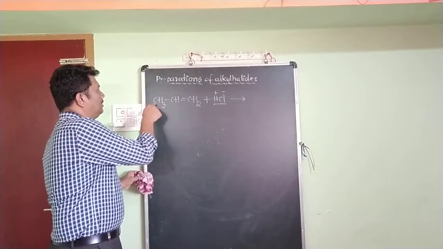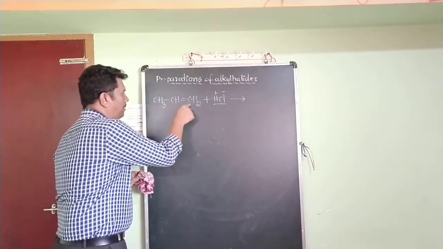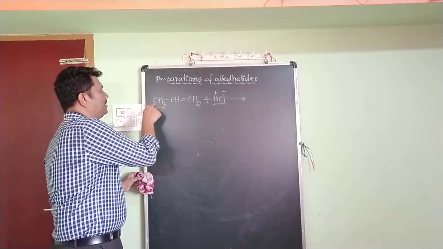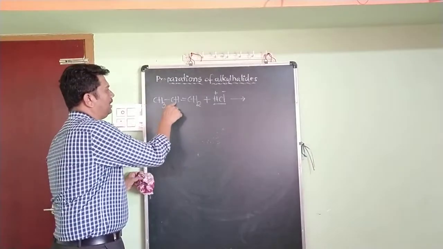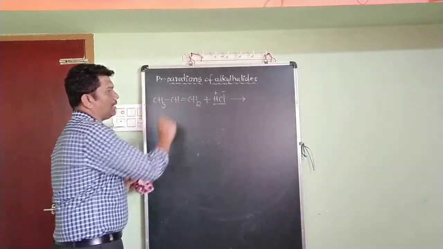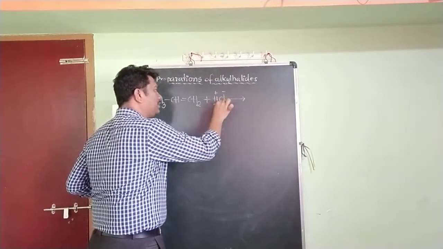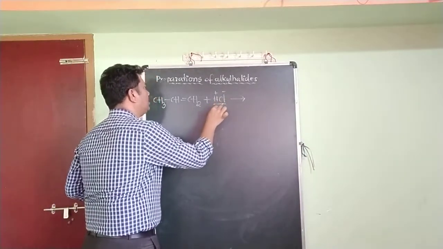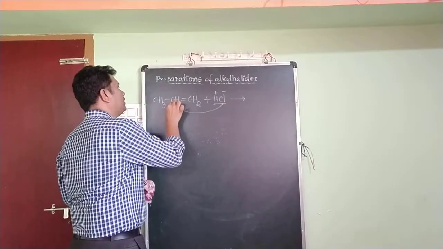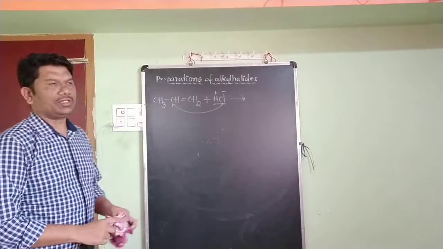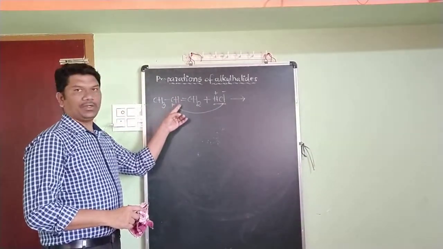Here this carbon atom has 3 hydrogen atoms, here it is 1, here it is 2. Therefore, according to Markovnikov's rule, the negative part of the reagent gets attached to the carbon which has fewer hydrogens. Here it has only 1 hydrogen atom.